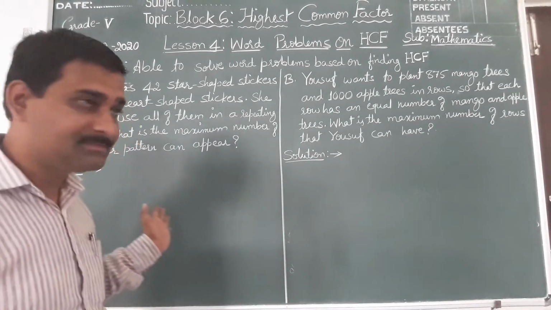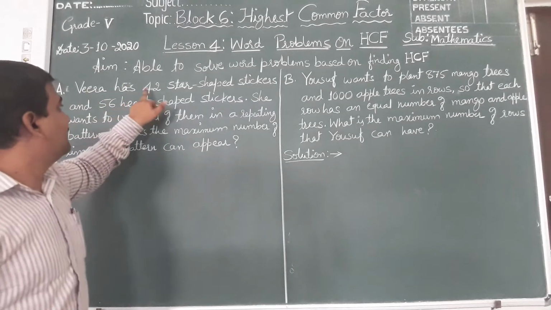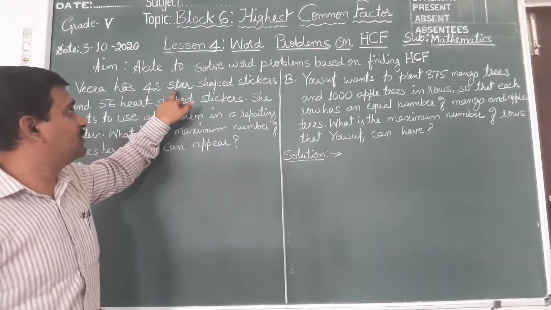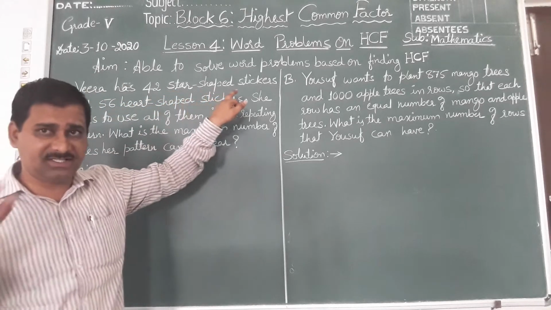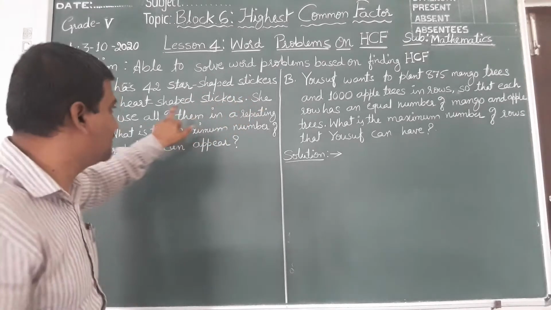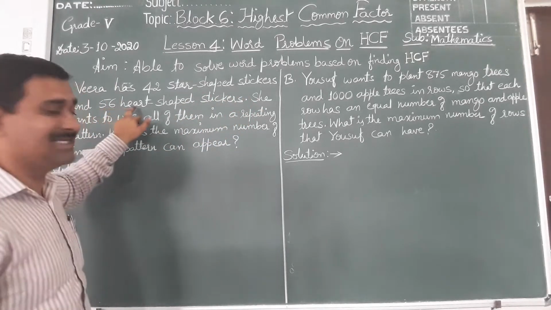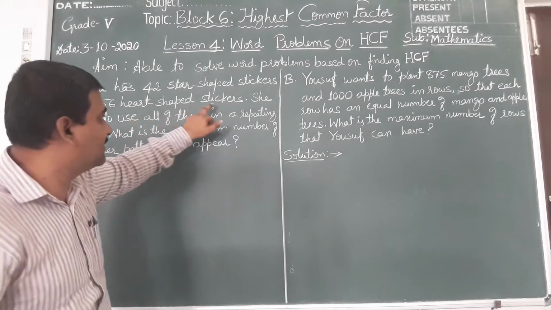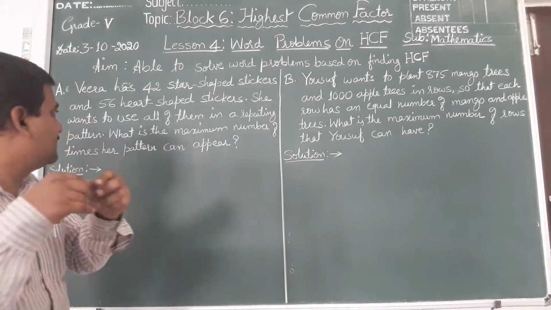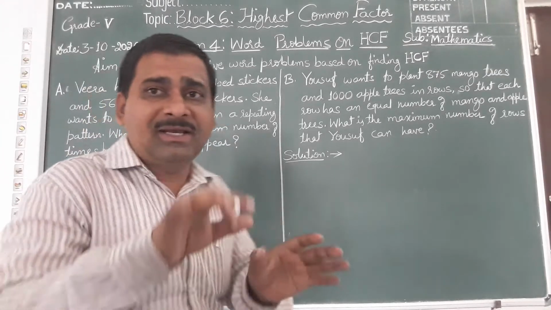Now here, Veera has 42 star-shaped stickers and 56 heart-shaped stickers, and she wants to stick them in a repeating pattern.